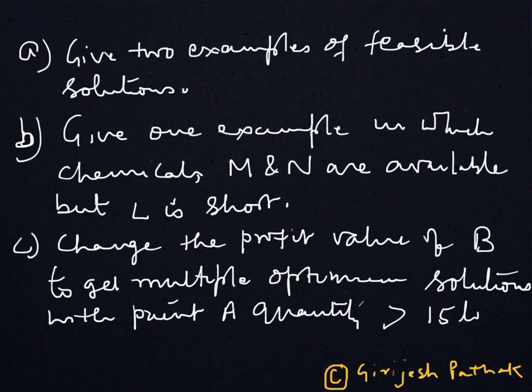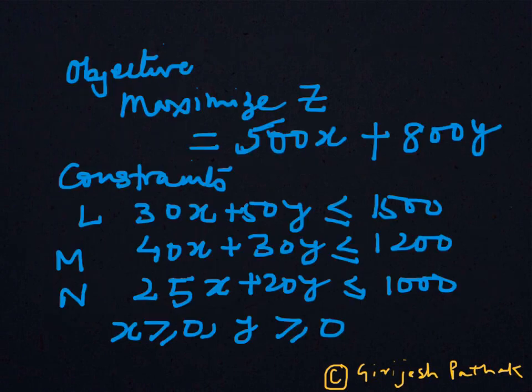So let us first formulate the linear program. Since profit on paint A is 500 units per liter, if we produce x units of paint A per day, then the profit from paint A will be 500x.